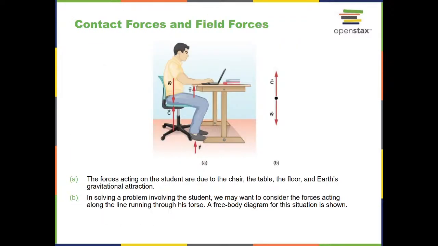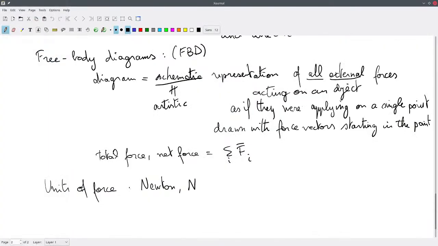So let's see. I was on here, right? Okay. So units of force are the Newton, and 1 Newton is about the force required to lift, in quotes, 1 average apple.